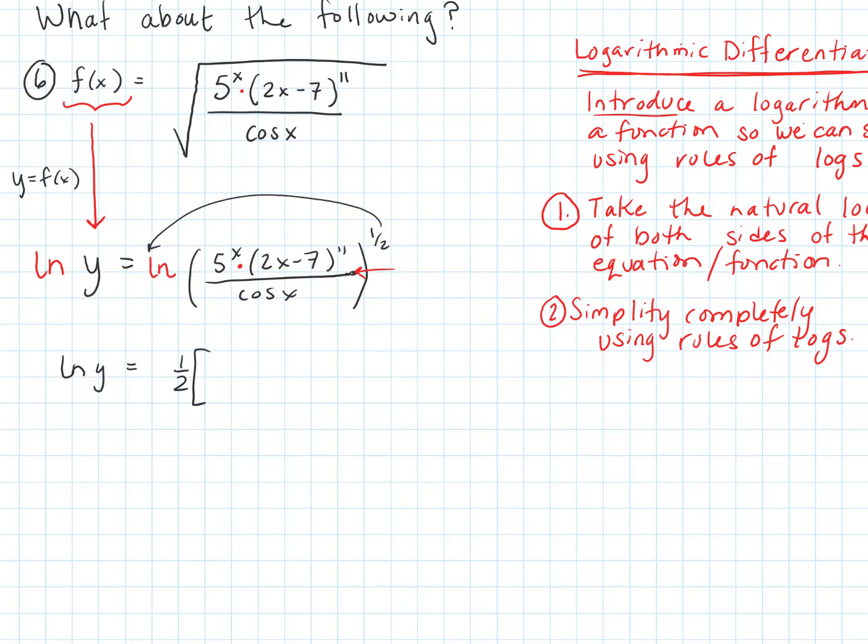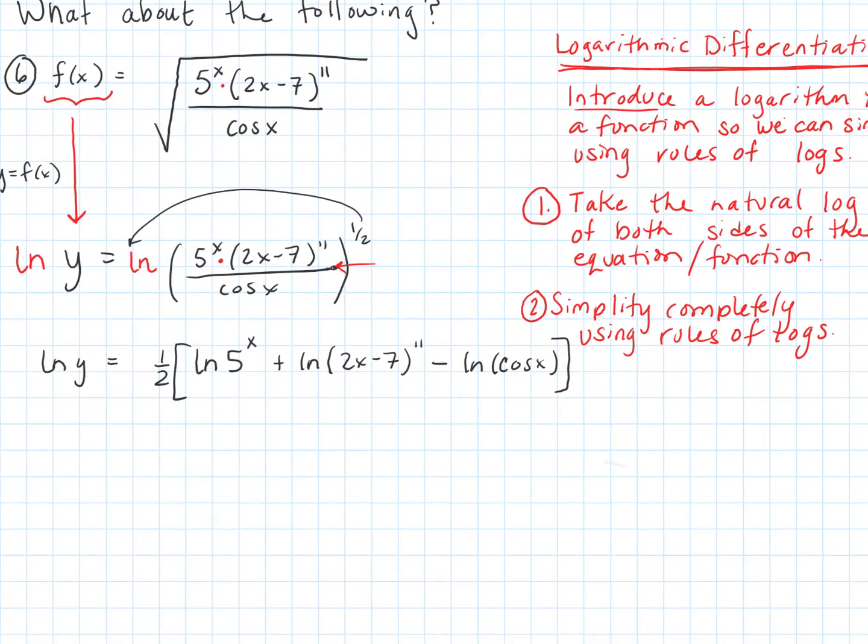So I'm going to do all those steps at once, just applying my rules of logs. So I have natural log of 5 to the x plus natural log of 2x minus 7 to the 11th minus the natural log of the cosine of x.